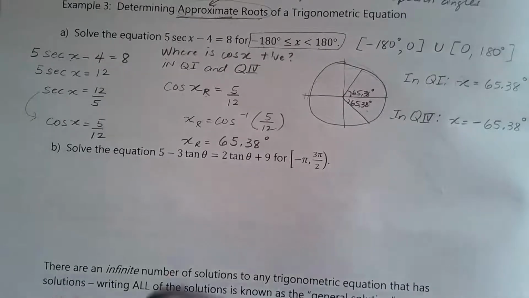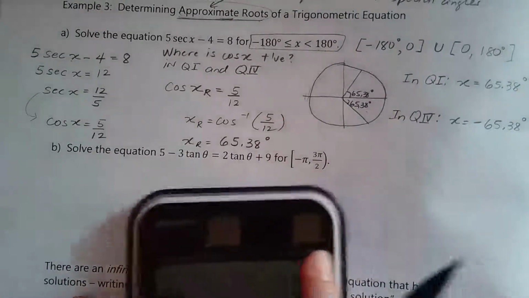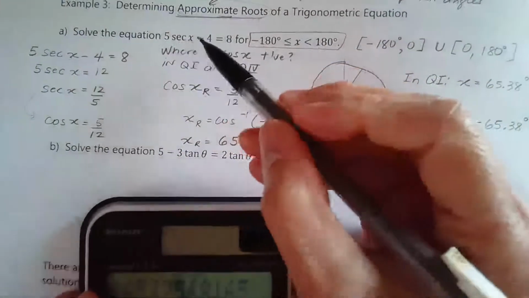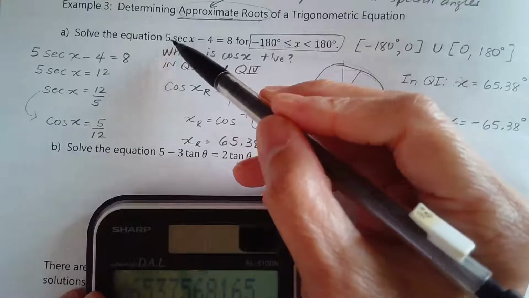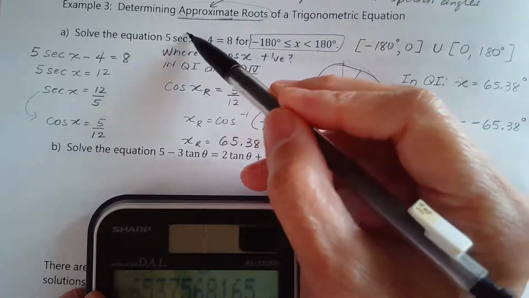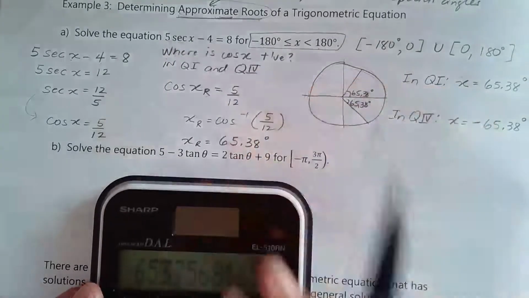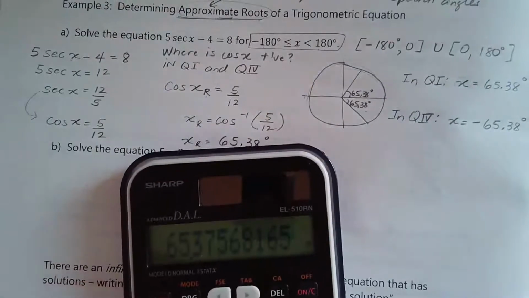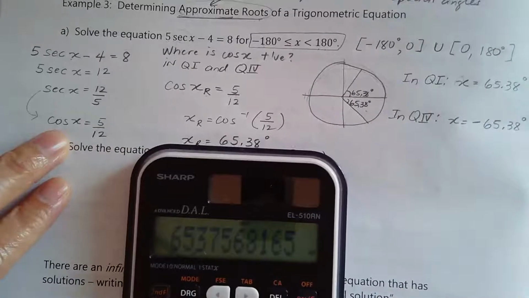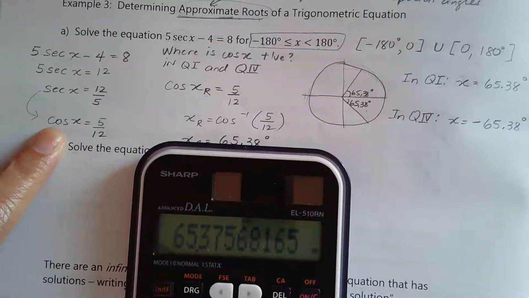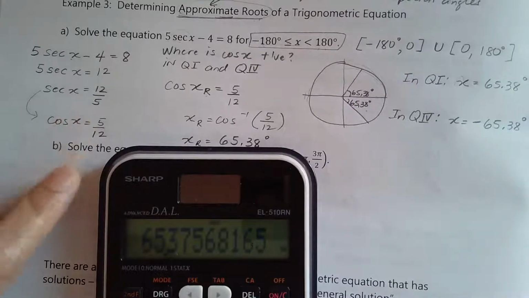So let's take a look. Now our calculators, I'm pretty sure your calculator also doesn't have it, we don't have a secant button at all. So what we can do is go here: cosine of x is 5/12.